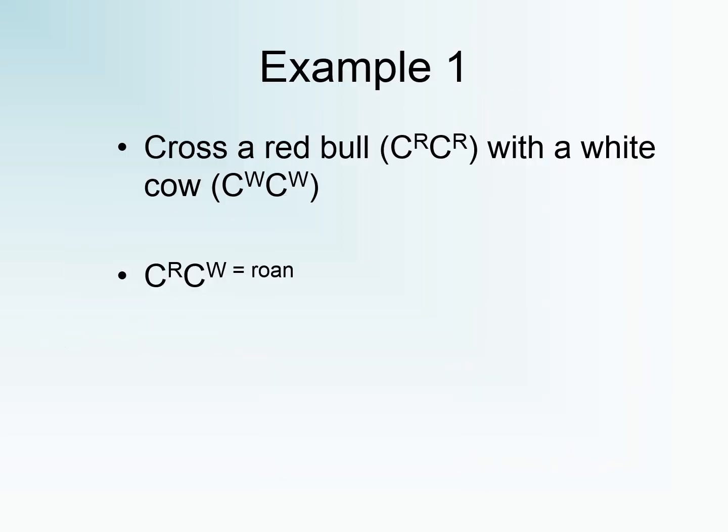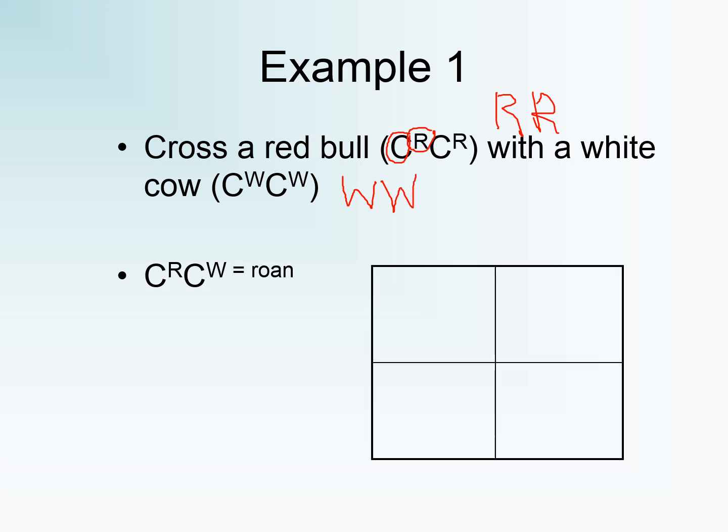Here's an example where we're going to cross a red bull. Right there is the gene for color, and the alleles are up here as superscripts. But again, I could write it as two big R's, and then cross with a white cow. I could write it like this. The offspring cow is going to be known as a roan colored cow.